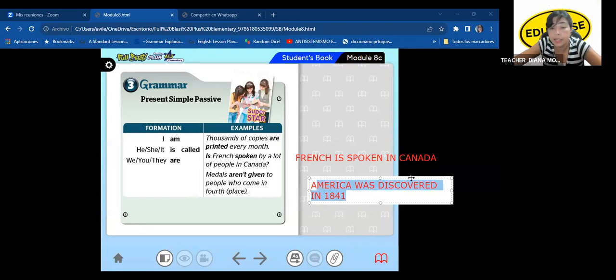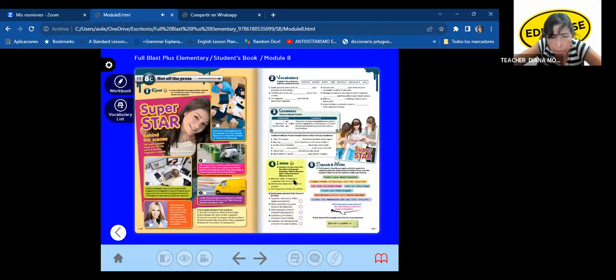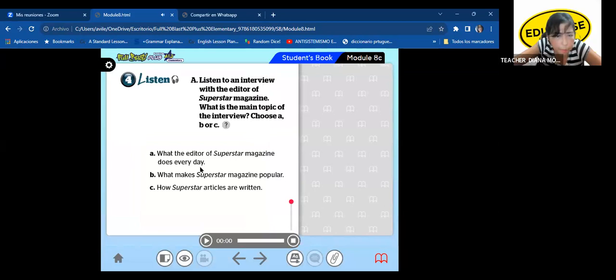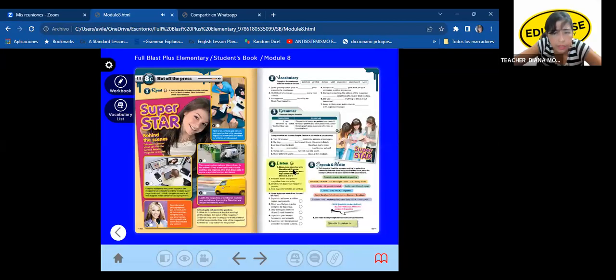But let me tell you, how can you know the structure, to use the structure? Well, I'm gonna give you the key, but let me continue this part. Well, that's a listening.